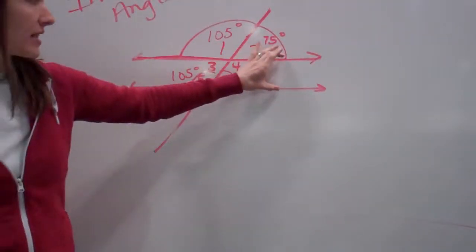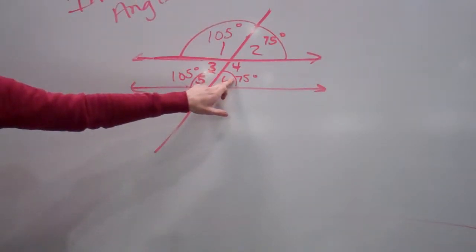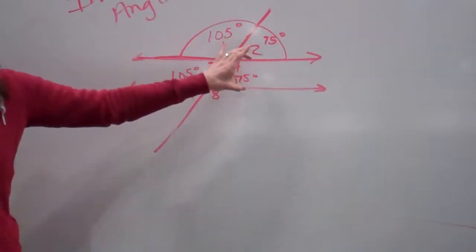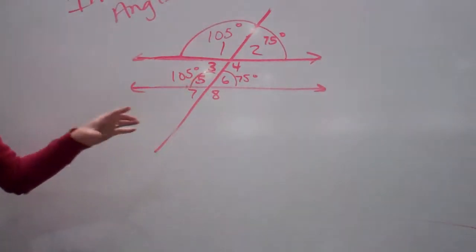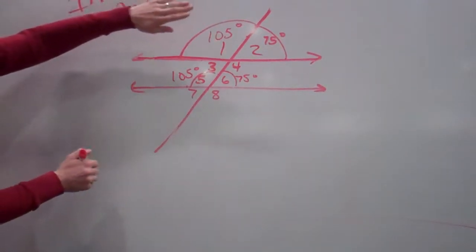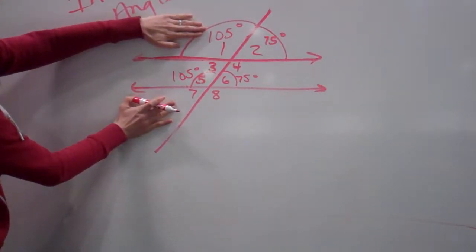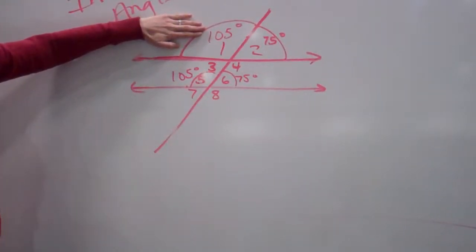Does everybody see this? This is on the inside. Number 3, number 4, number 5, and number 6 angles are on the interior. Does everybody understand what interior means? It's on the inside. Interior design, your house inside. But these are on the exterior. 1, 2, 7, and 8 are exterior.